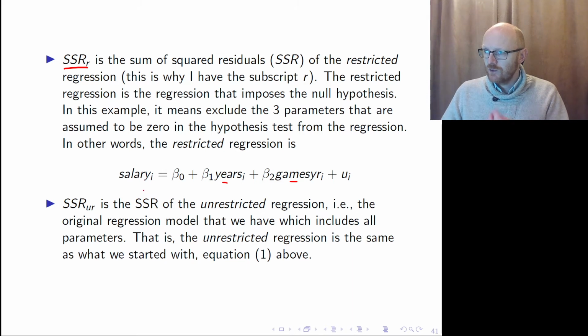The sum of squared residuals is often included in the regression output that you get from your statistical software. The sum of squared residuals unrestricted is the full model. That's why it's unrestricted, because we let all the slopes vary and take on the optimal value according to the ordinary least squares method.